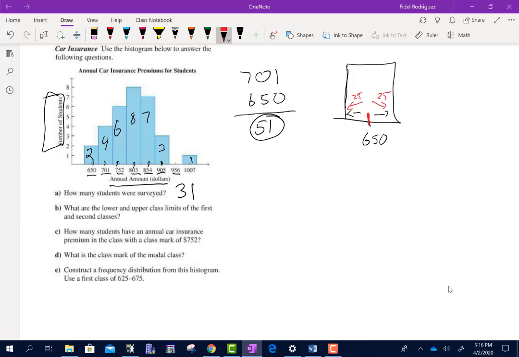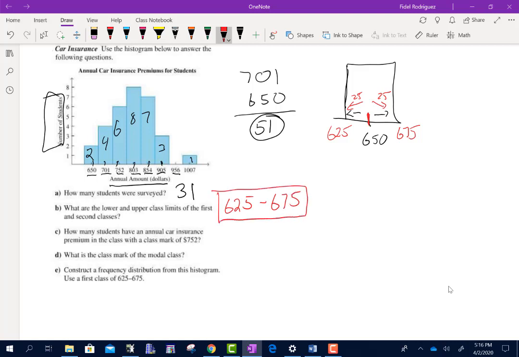So if I were to take 650 and subtract 25, that would tell me that number there is going to be 625. And if I do the same thing here, then the number at the end would be 675, okay? So that tells me that the first class is going to have a width of 625 to 675.